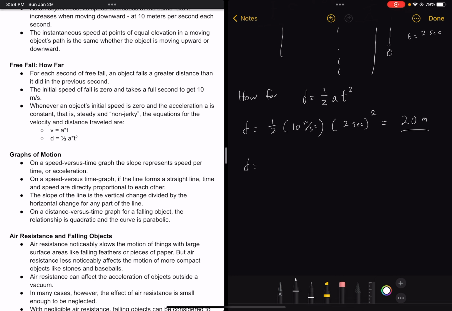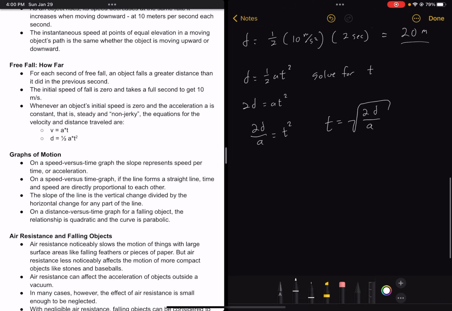So say we had 1/2 at squared, and you need to solve for t. Here I can multiply both sides by 2, so I get 2d is equal to at squared. Divide both sides by a, so I have 2d divided by a is equal to t squared. And then finally, you take the square root of both sides, so t is the square root of 2d divided by a.